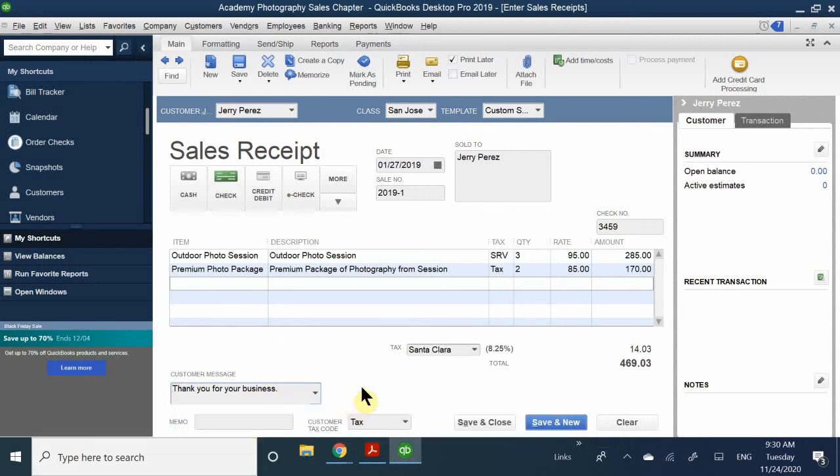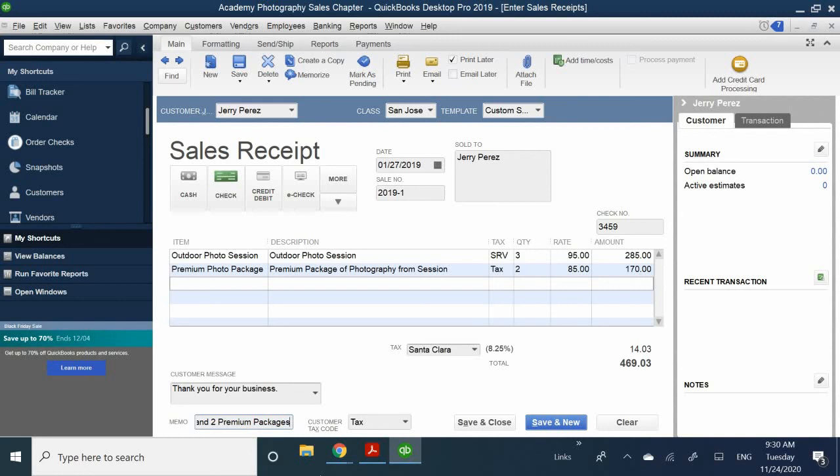Okay, and of course, memo here is going to be outdoor photo session and 2 premium packages. Okay, now it is very important that you fill out the memo.